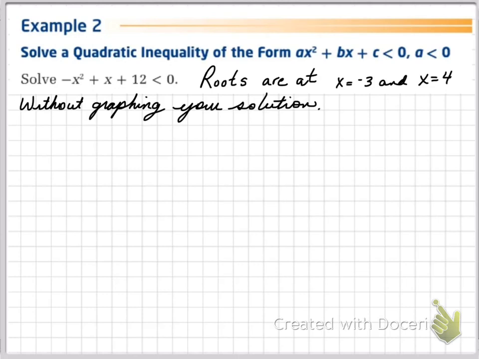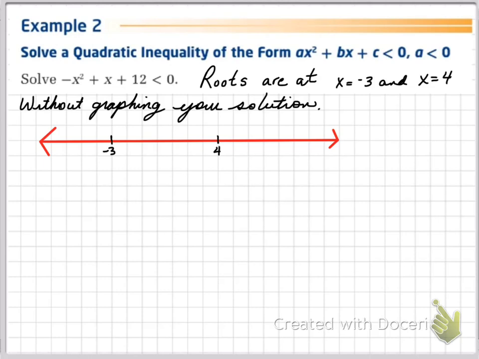Example 2. Solve a quadratic inequality of the form ax squared plus bx plus c is less than 0, where a is less than 0. When we're asked to solve this, we know that the roots were at -3 and at +4. Without graphing our solution, we're going to draw our number line and put our roots on there, -3 and +4.